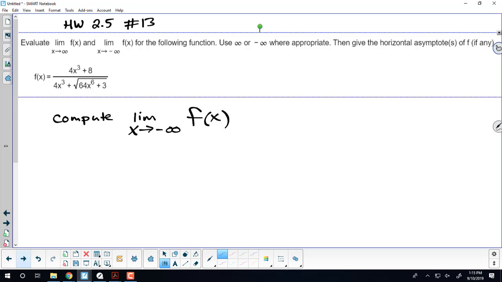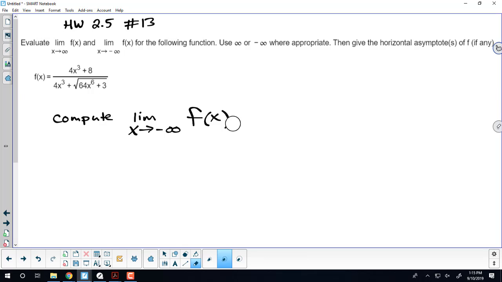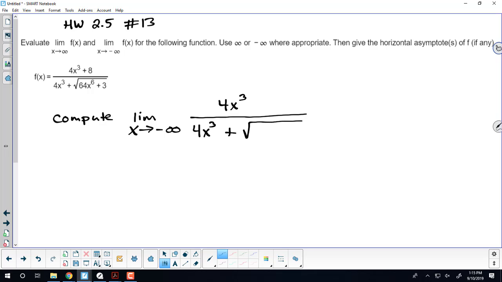So if we look at the shorter way, we're just going to look at the leading terms here. Because the plus 8 out at infinity doesn't really matter, and the plus 3 under the radical out towards infinity doesn't matter.